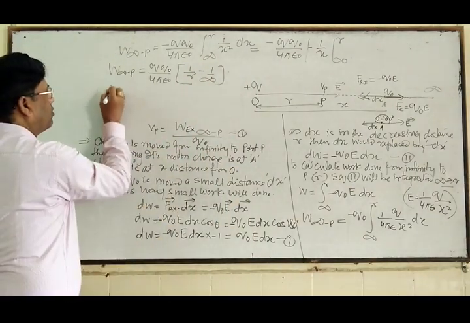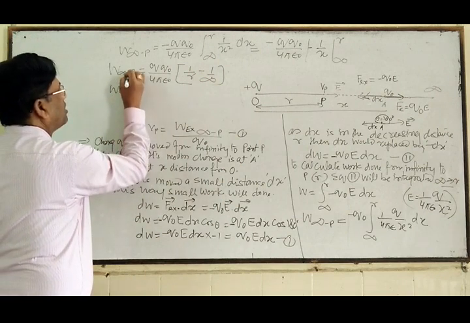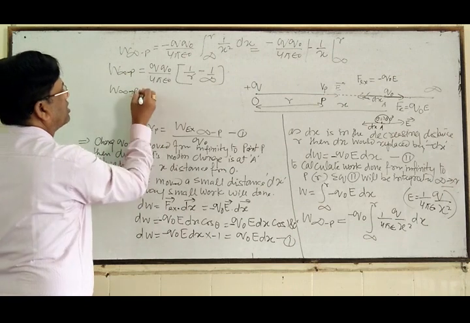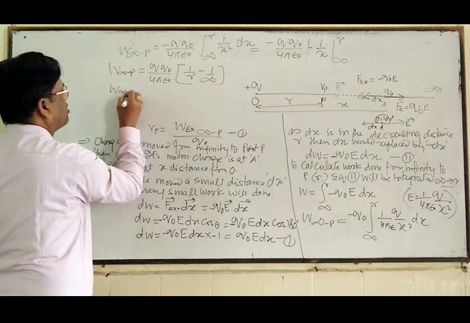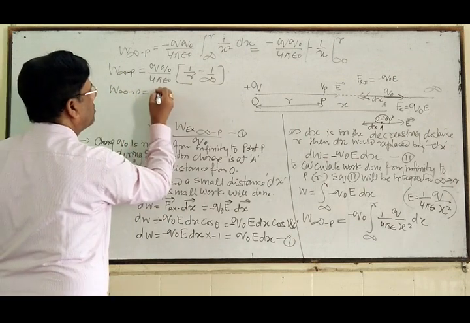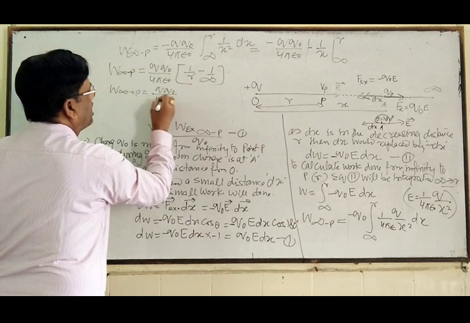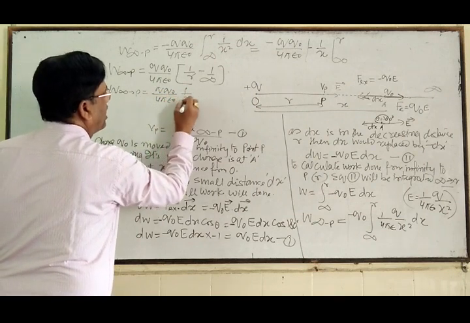Then we have got W infinity to P is equal to Q naught upon 4 pi epsilon naught 1 by r.